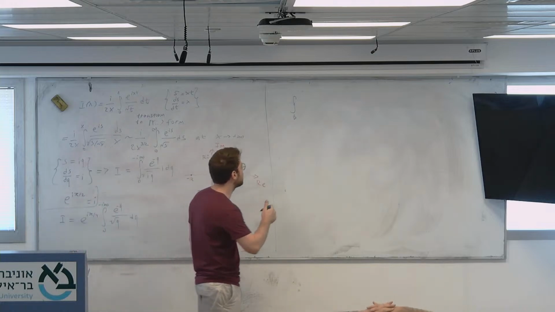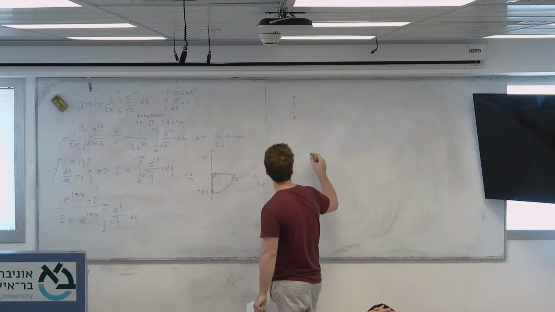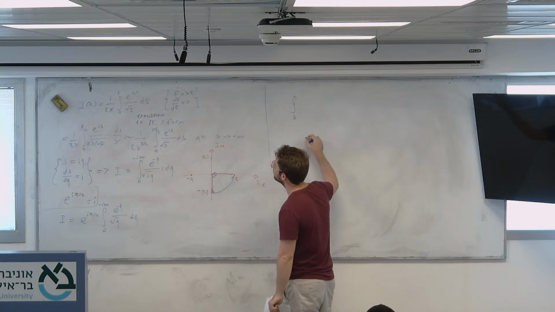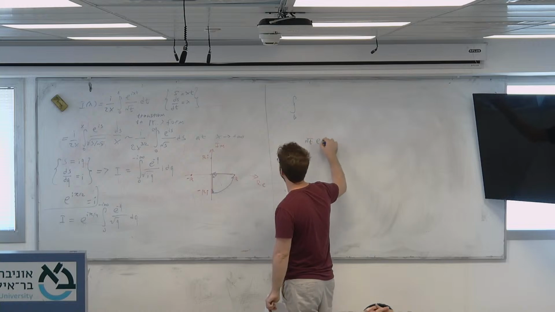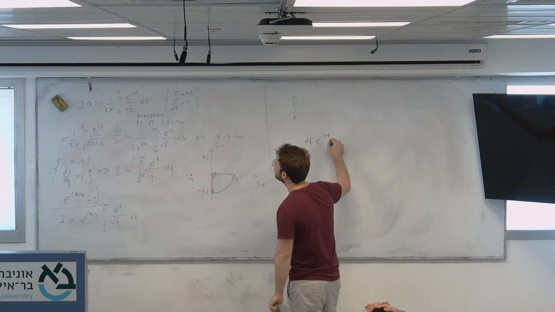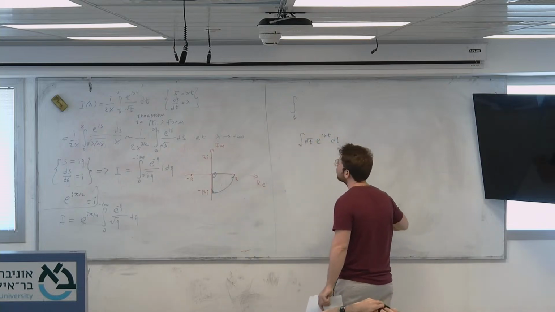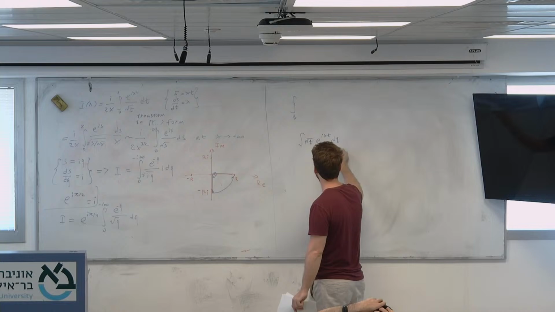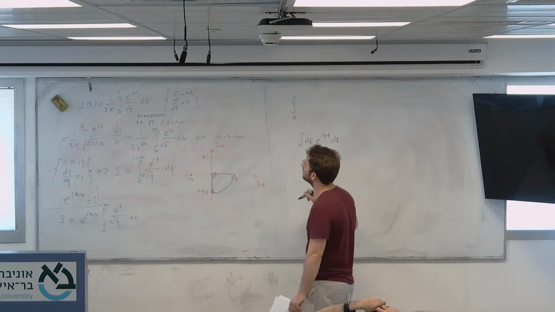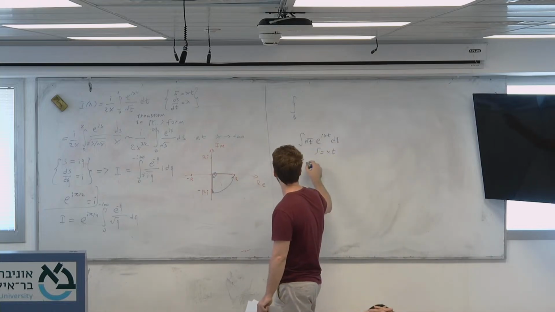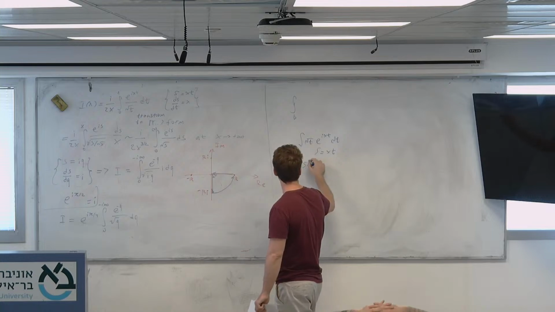I don't think you'll get something. Let's see. So you have e to the i x t, right? Now we do s equals x t, and so you have t is s over square root of x.